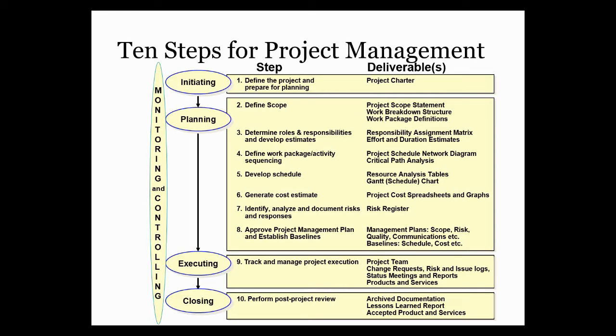Now, although these steps are ordered and numbered, they're not discrete, which means you're going to be doing risk analysis throughout. And it's also very iterative, which means you might get down to, say, step 5 or 6, and then step back to 2, for example. You're going to iterate through that multiple times until you've got this thing sorted out.